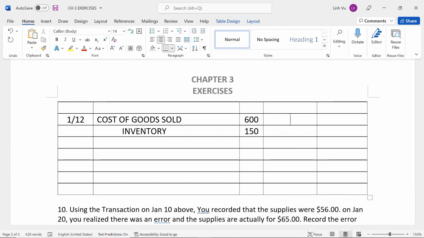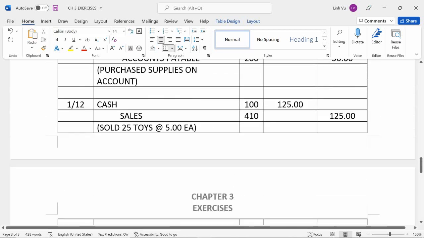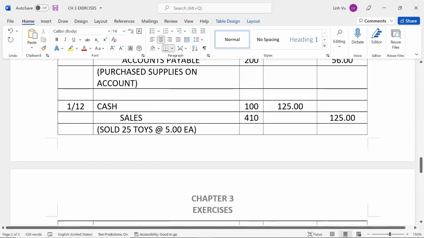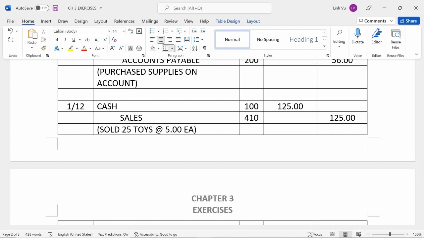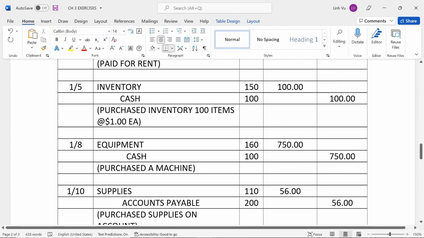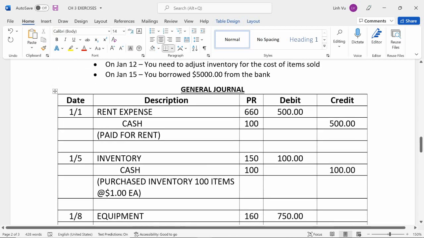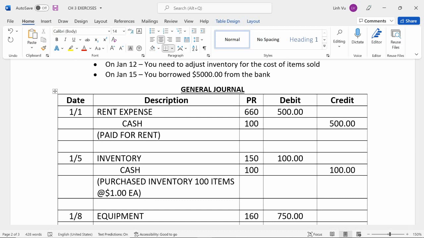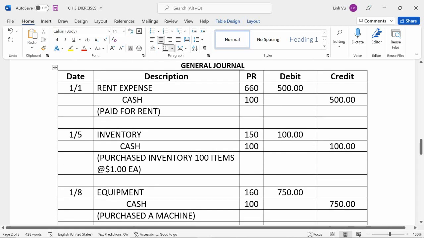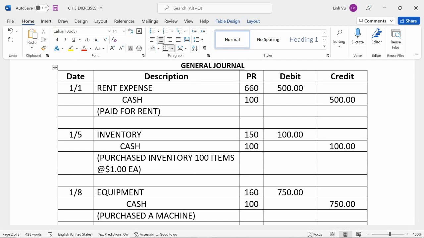How many items did I sell from the previous scenario? 25 toys, right? Now, how much did I purchase my toys for? $1 each. So how much did it cost you to sell all 25 items? $25, because they cost you $1 each.